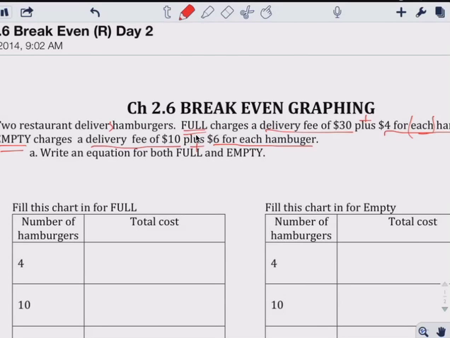What does each mean in math? Multiply. Tiffany, what does each mean in math? Multiply.